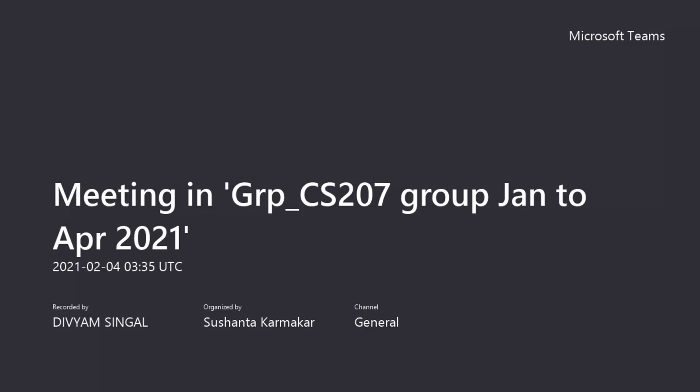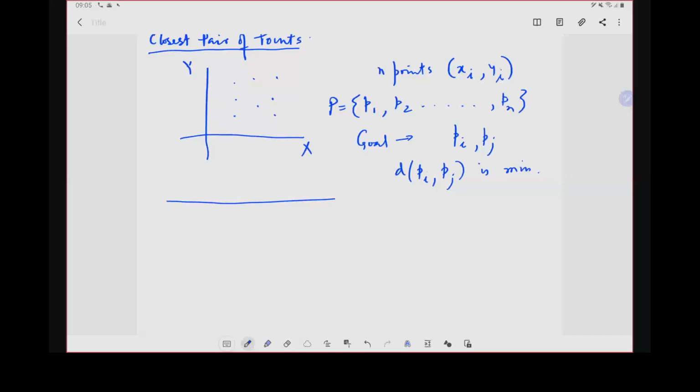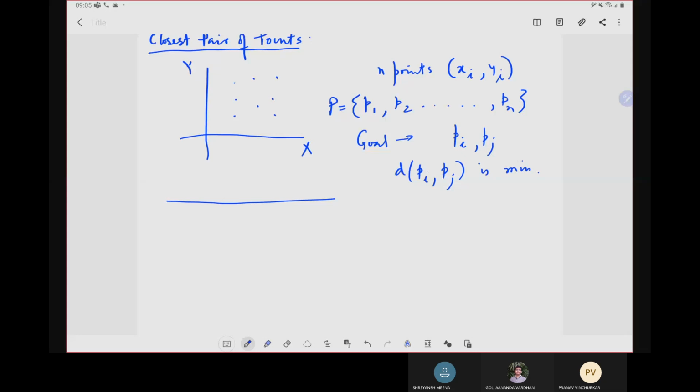We assume that this P is divided into two halves, left half and right half. And we assume that we can somehow compute the closest pair in each half recursively.